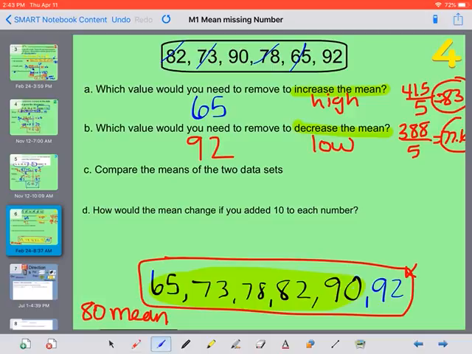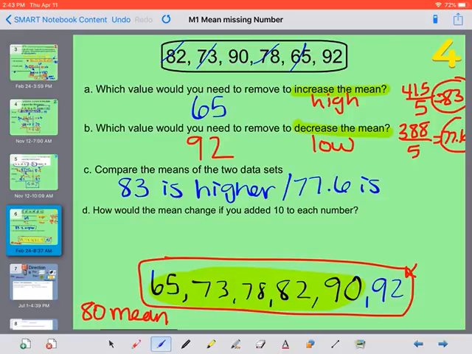So now it says compare the means of the two data sets. So 83 is higher than the average, and then 77.6 is lower than with all the numbers. Okay? How would the mean change if you added 10 to each number?